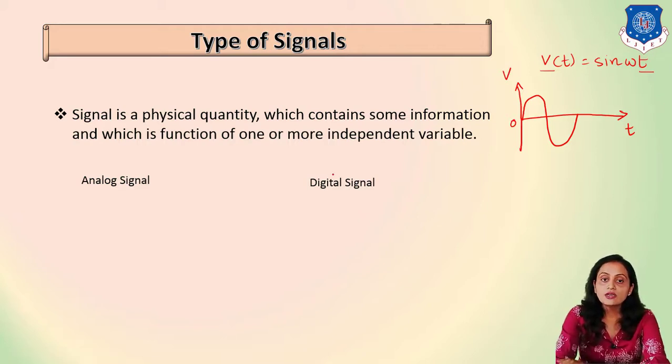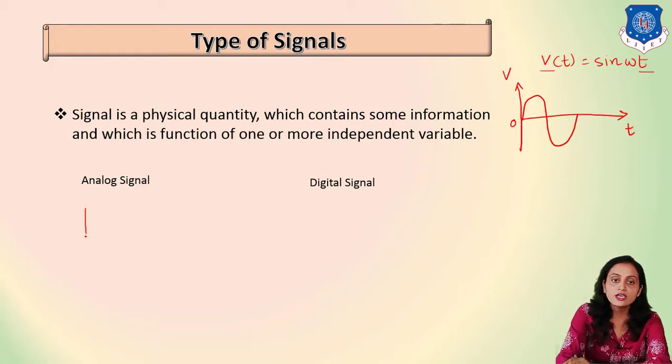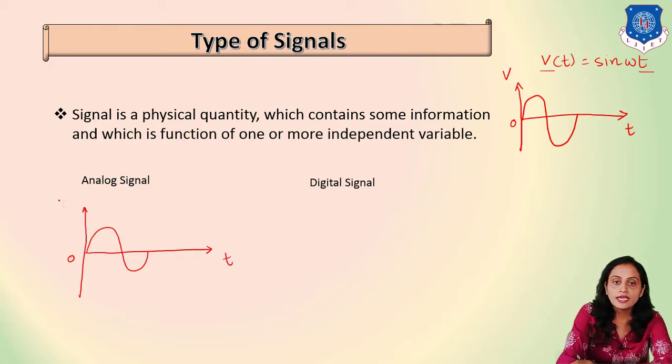Now we will see what is the difference between analog signal and digital signal. We have already taken this example of sinusoidal signal, so I will give the example of this sine signal for the analog signal. So let us take this signal as voltage signal, that is V of t, V of t is equal to sine omega t.